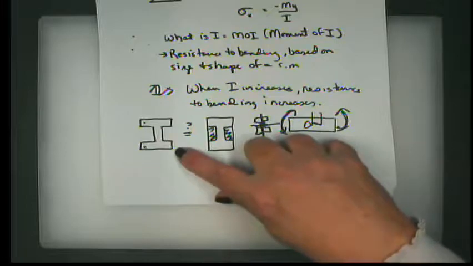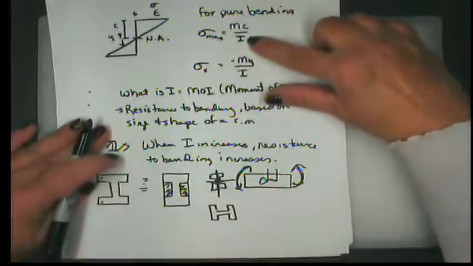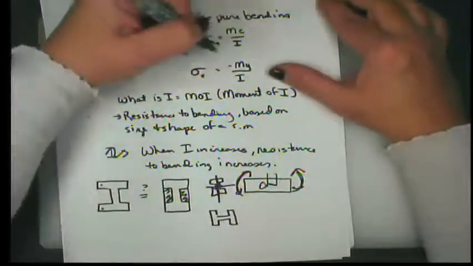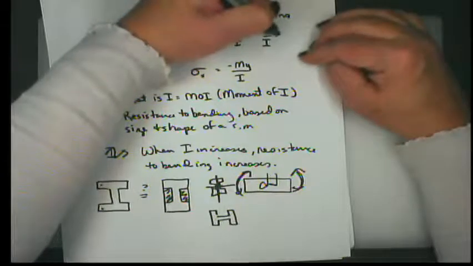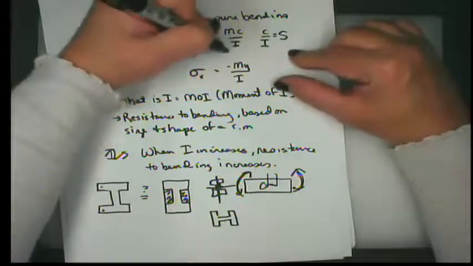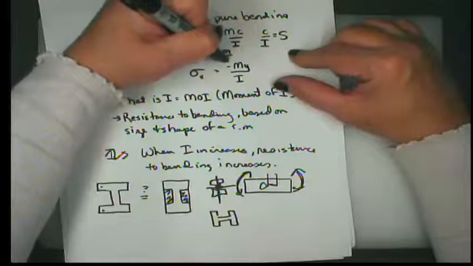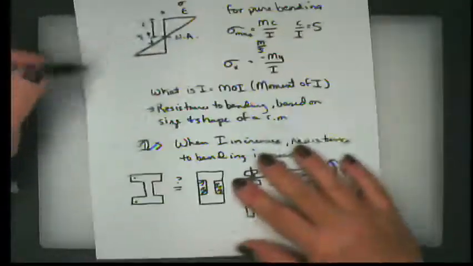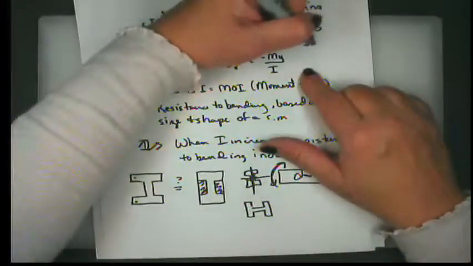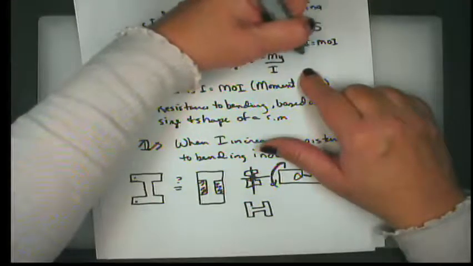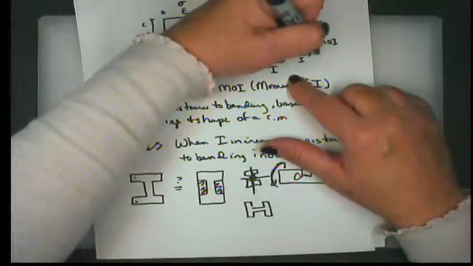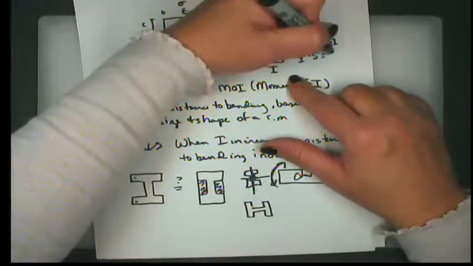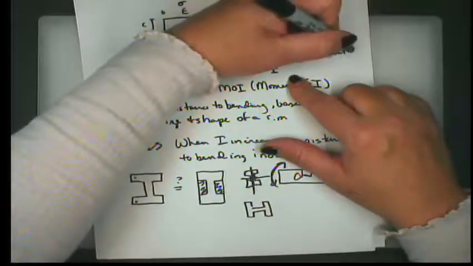Now, the other part of this is, if I is a geometric property, then C over I is also a geometric property, and sometimes we call this S, not for stiffness, but for section modulus. So I is equal to moment of inertia, and I over C is equal to S, which is called the section modulus.